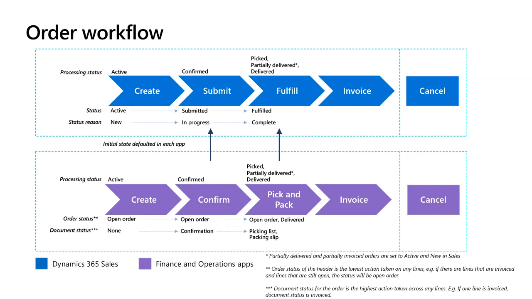When we go through the pick and pack, the various states flow through again to fulfilled, complete, and we have these different processing statuses, and then for invoicing as well. Now, cancellation, that's another process that occurs in finance and operations. You cannot cancel orders in sales where you've got this integrated scenario. So that button that would normally be there is not.